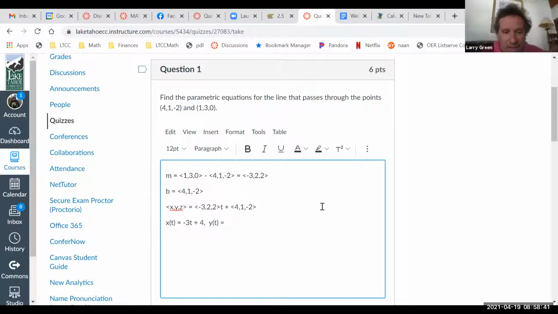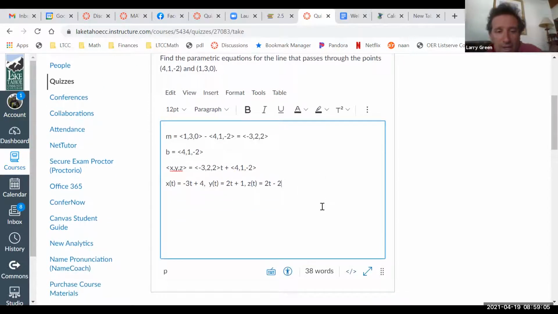And what's y of t? 2t plus 1. And then z of t. And z of t is 2t minus 2, sorry. That's all there is to that one. Any questions on that?